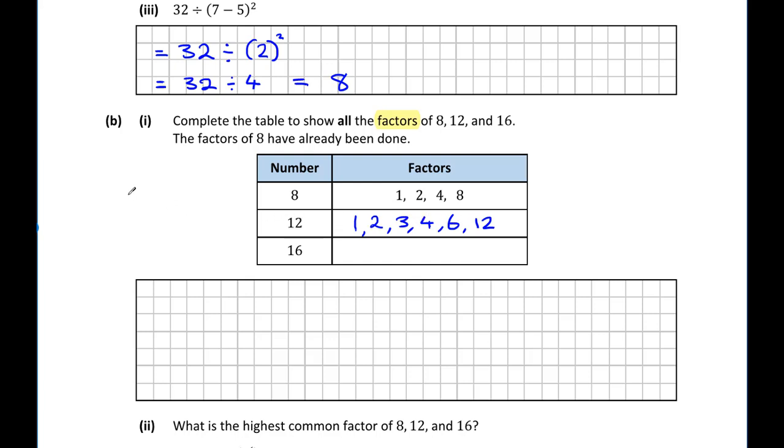If you're very stuck, just go to your calculator, put in 12, and then divide it by a series of numbers. So divide it by 1, your answer will be 12. Divided by 2, your answer will be 6. Divided by 3, your answer will be 4. You can divide it by 4 if you want.